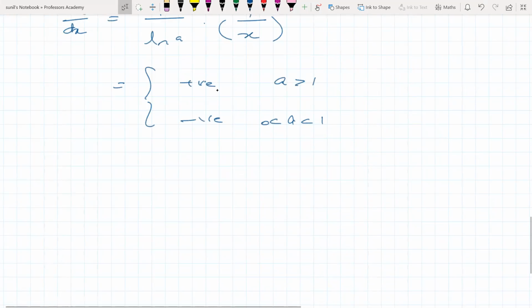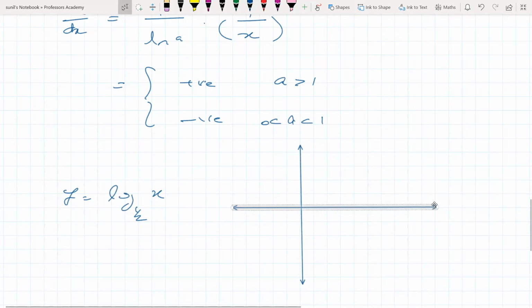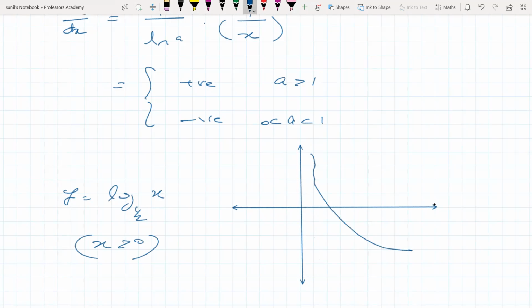That is why, if you are looking for the graph of log x to the base 1 by 2, a is less than 1, therefore the graph is decreasing. Here also you can see that x is positive only. So this graph will be coming down like this. This is the graph of log x to the base 1 by 2 because the base is less than 1.